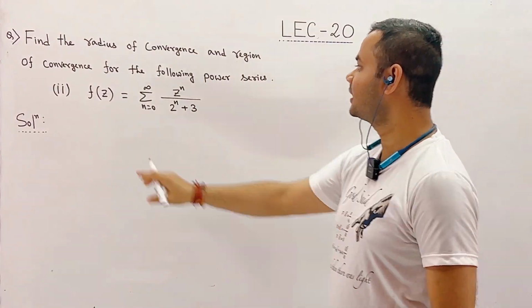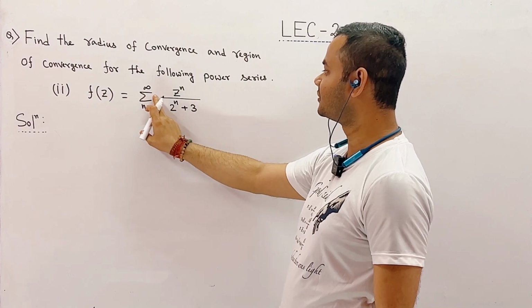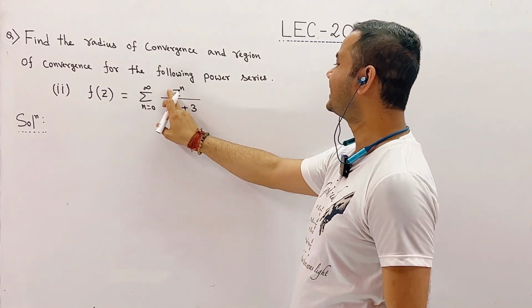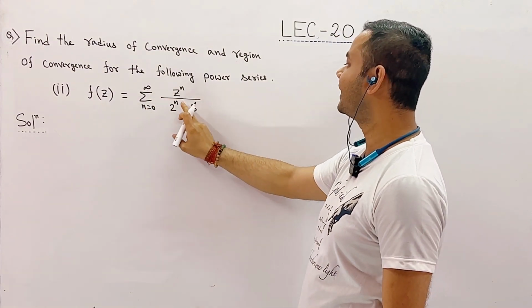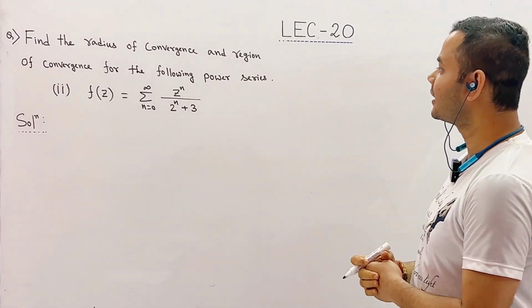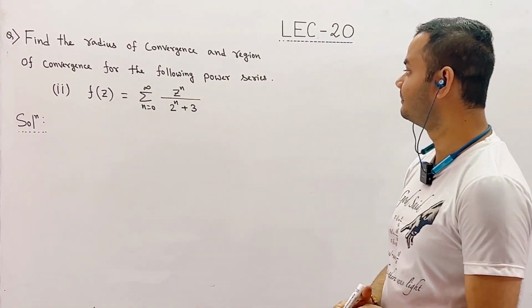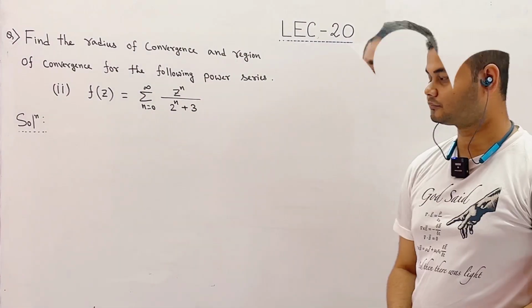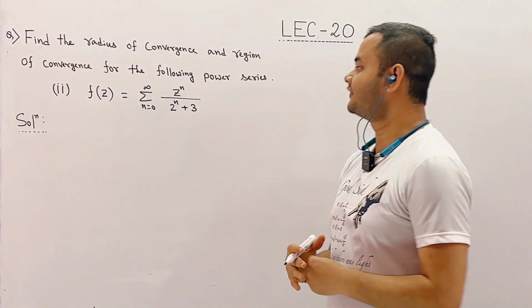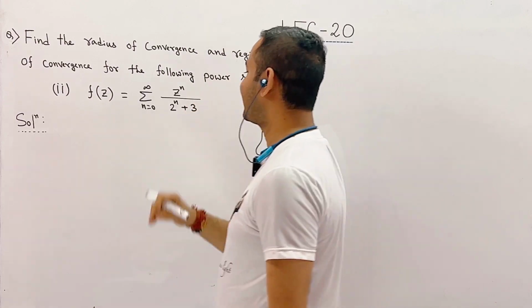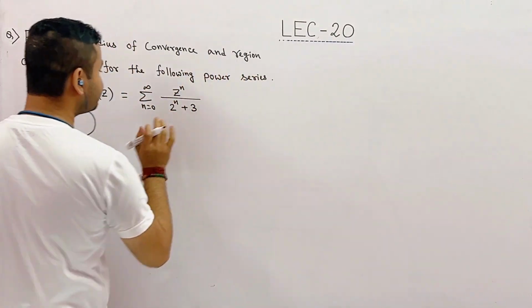According to this problem, f of z is equal to summation n goes from 0 to infinity z to the power n divided by 2 to the power n plus 3. Again we have seen that this power series is also expanded about the origin because here z naught is equal to 0. Now let us find out the nth term and n plus 1th term of this power series.